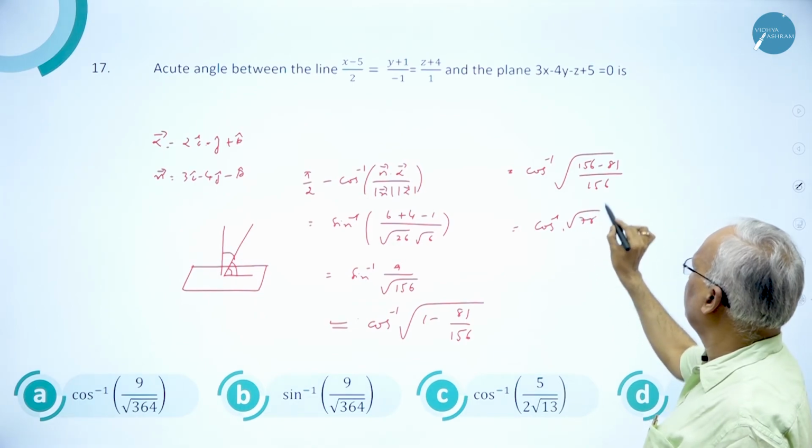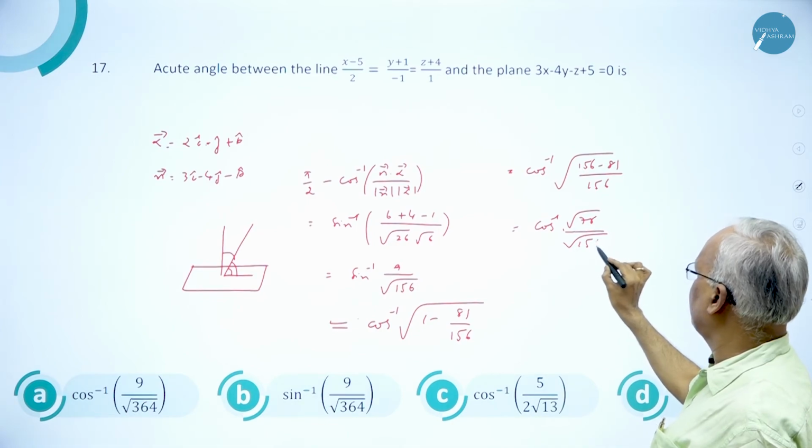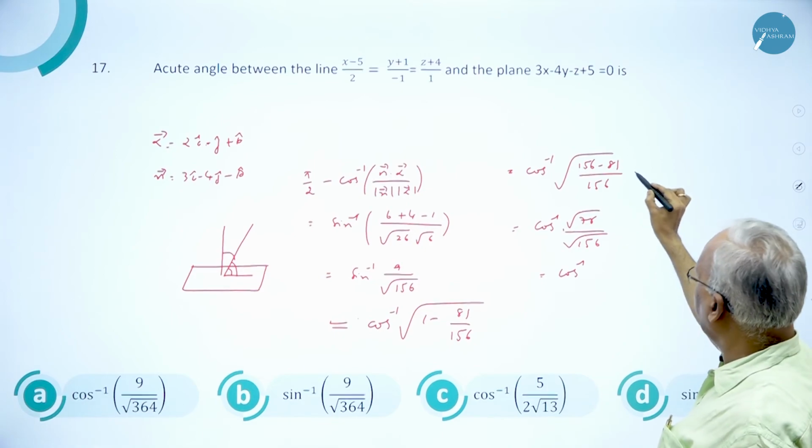Please see, this is 75 by square root of 156, which is equal to cos inverse of... now you can see, you can simplify here also.